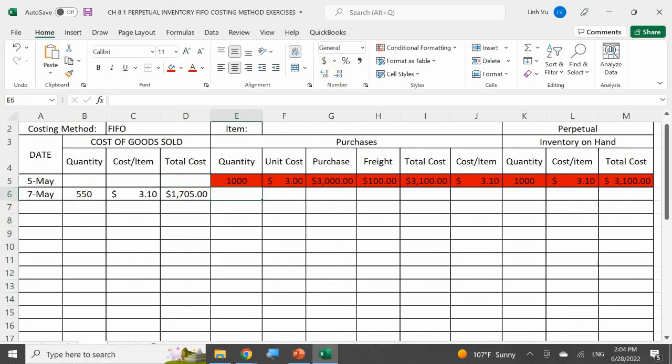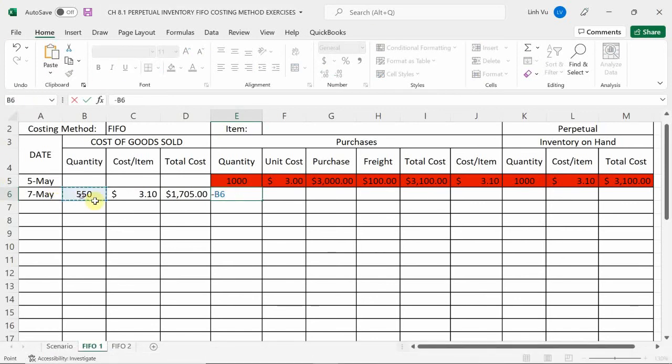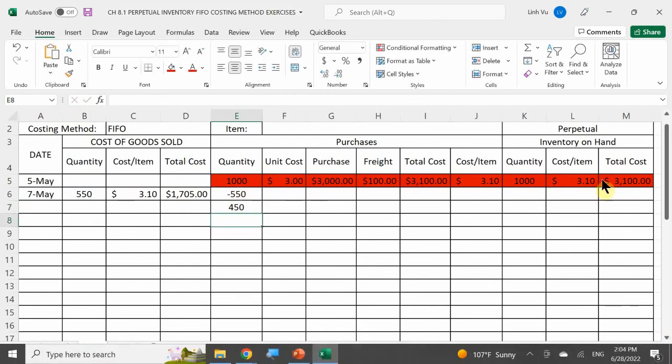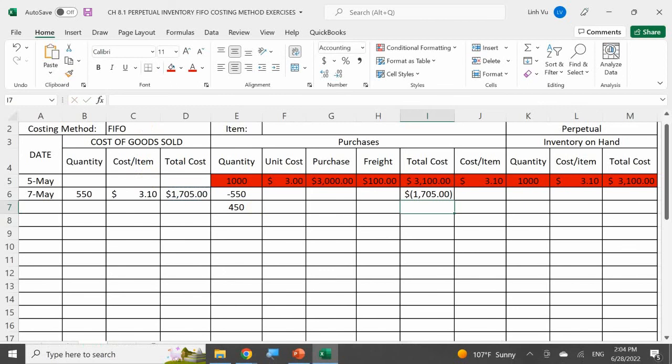I'm going to subtract this out so I can figure out what my new balance is going to be. 1,000 minus 550 is going to leave me with 450. My total cost of $3,100, and I just sold $1,705, is going to leave me with an ending balance of $1,395.